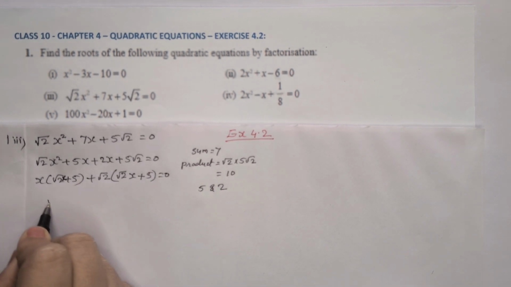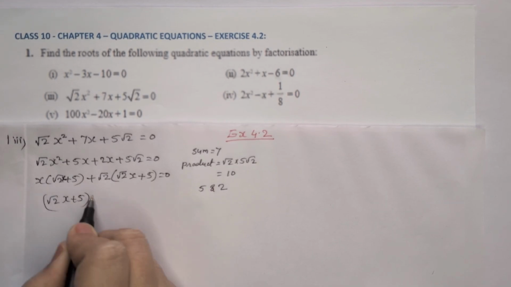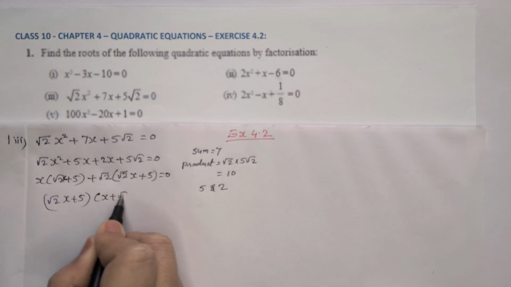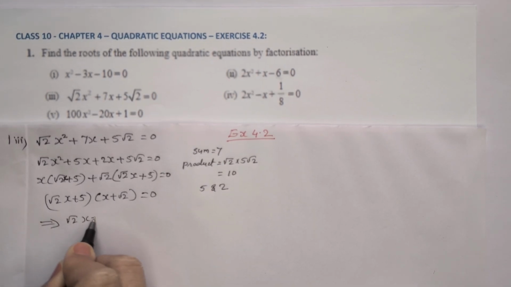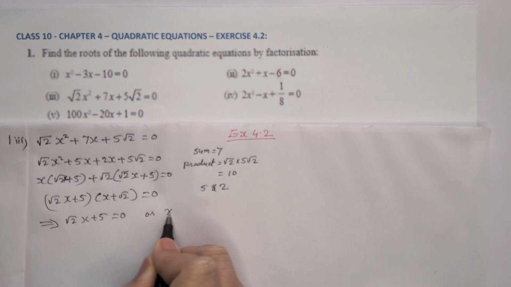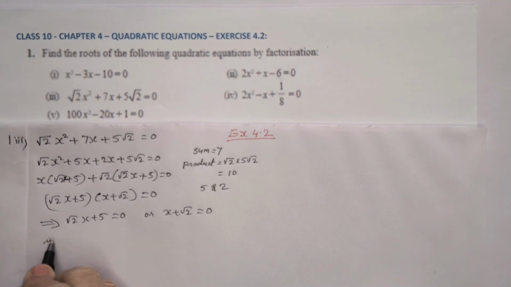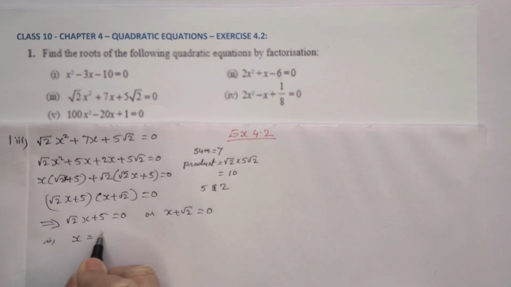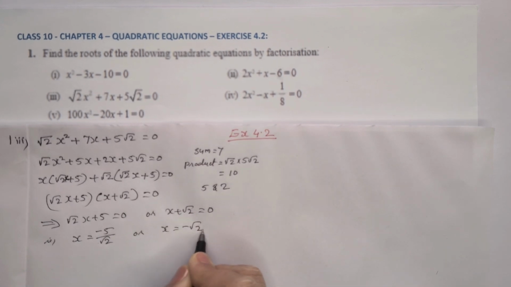Now we can take root 2x plus 5 as common, then x plus root 2 is equal to 0, which implies root 2x plus 5 equal to 0 or x plus root 2 is equal to 0. That is x is equal to minus 5 by root 2 or x is equal to minus root 2.